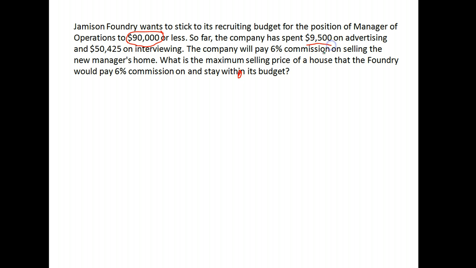So far, they spent $9,500 in advertising, $50,425 in interviewing, and they're willing to pay 6% commission on the sale price of the home. Remember, our total of $90,000 is coming from the advertising budget plus the interviewing budget plus 6% commission on the price of the house.